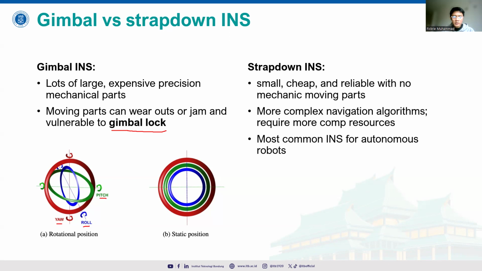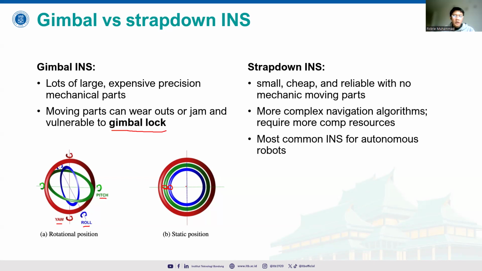So if the spacecraft is rotating only in roll, it might not be able to distinguish which rotation the spacecraft is currently experiencing. It might also detect rotation within the pitch axis because all the rings are somehow aligned.